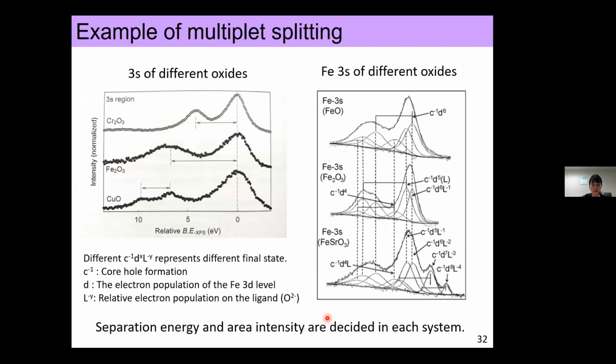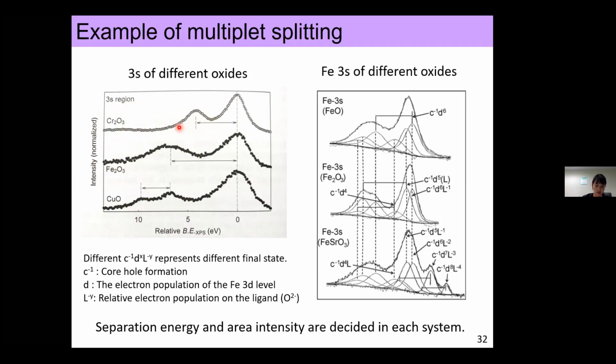These are examples of multiplet splitting. Here, the binding energy of the 3s orbital for chromium oxide, hematite, and copper-2 dioxide are shown. Since this is an s orbital, usually it shows a single peak, but here the peak is split.